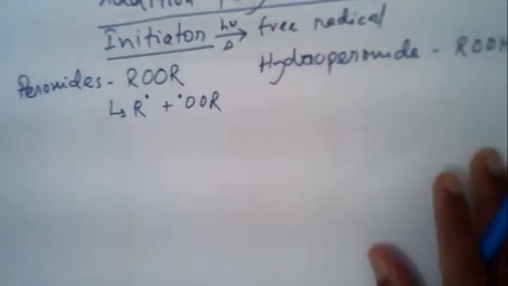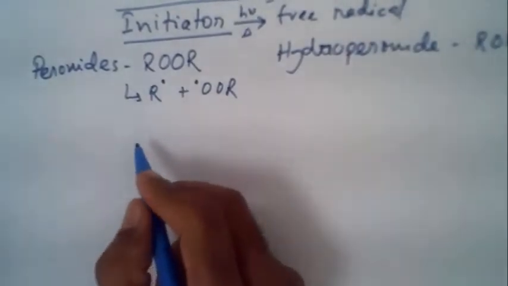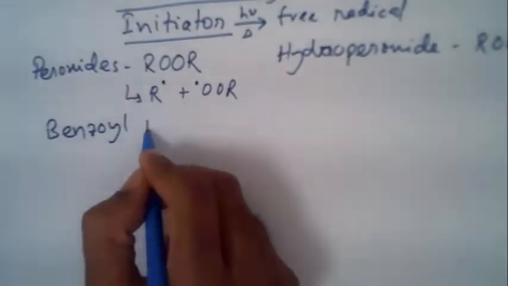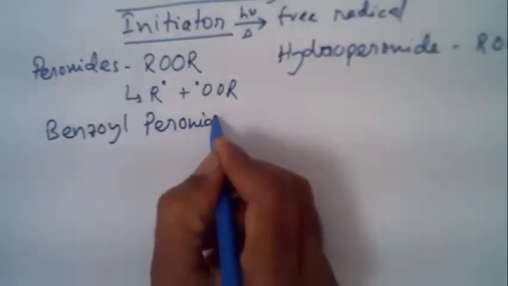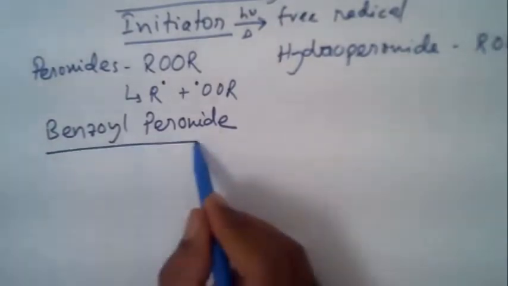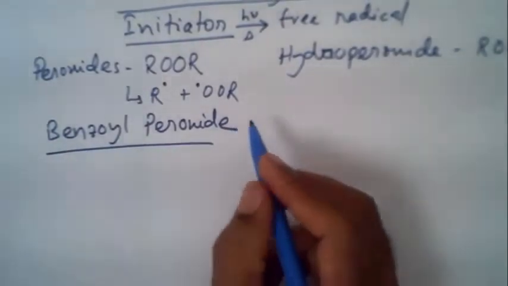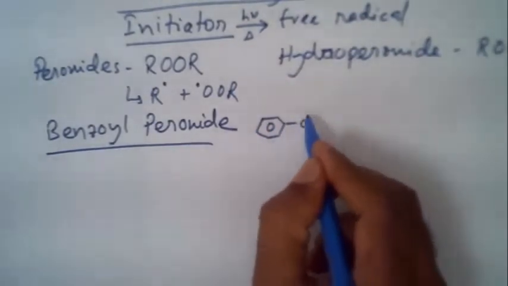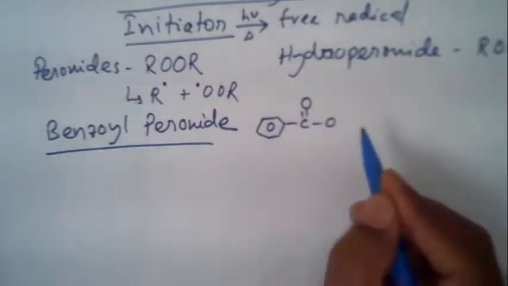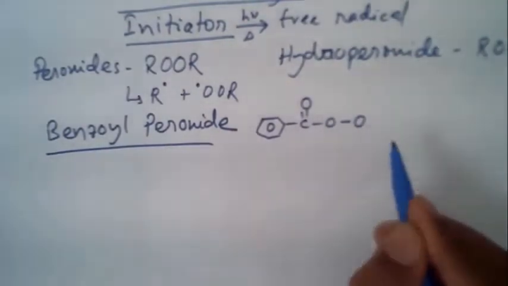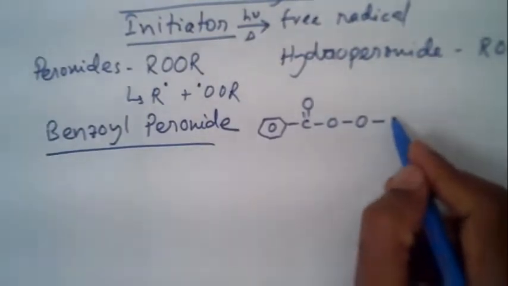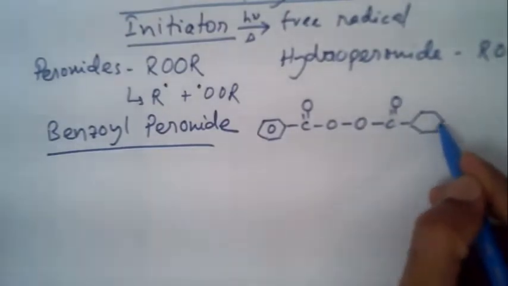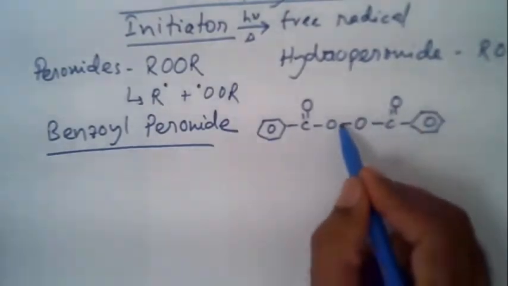Another initiator that we have discussed is known as benzoyl peroxide. How does it look? It has a benzene ring, C double bond O, another O, which is connected to another O, and then exactly the same on the other side.